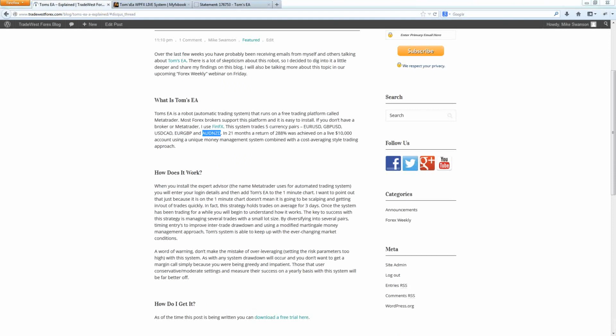So I posted the link to the download. Like I say, it might expire today, might not be till Monday. But if you want to at least download it and see what the settings are like and how it works a little bit, you might have some time still to do that.